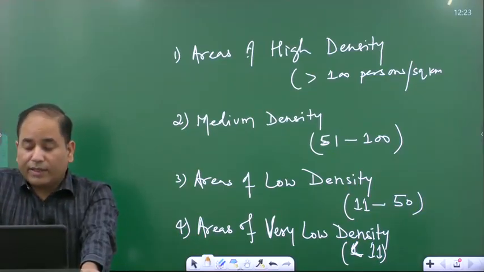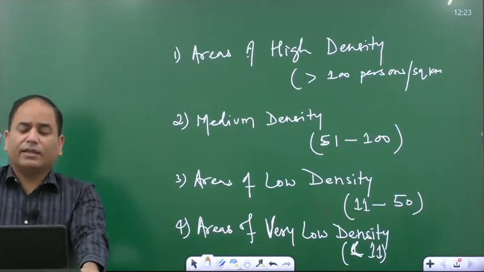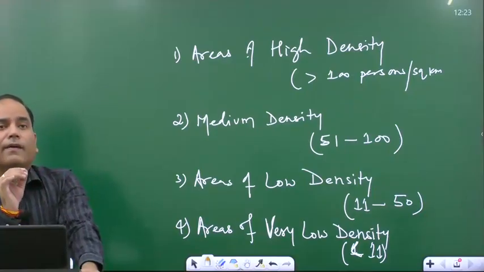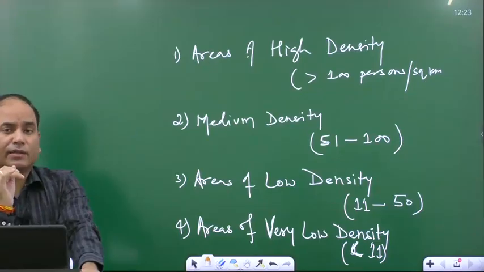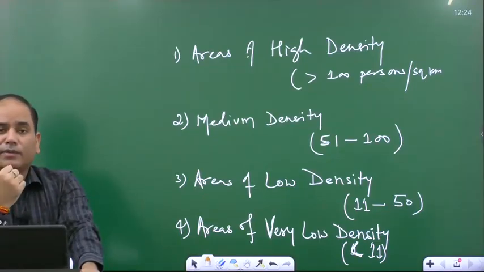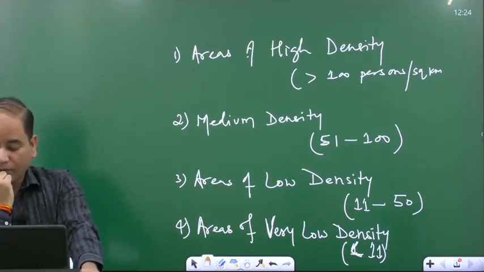Moving to the areas of very low density, you should be very clear that these will be only those areas where there are extremities, some limitation, be it climatic limitation, geographical limitation, or resource limitation. There will be some problem. Please write.